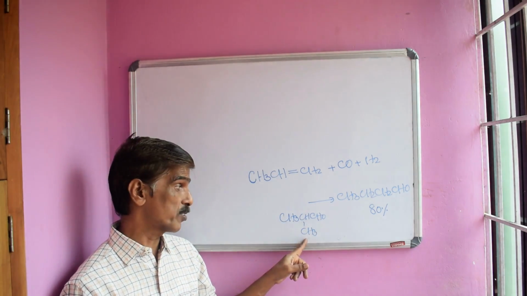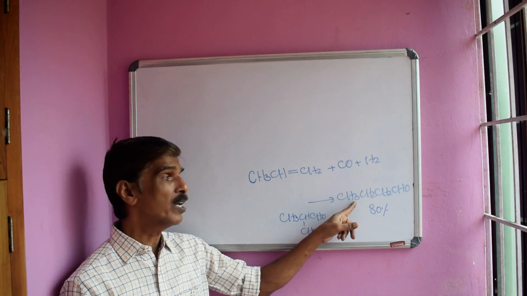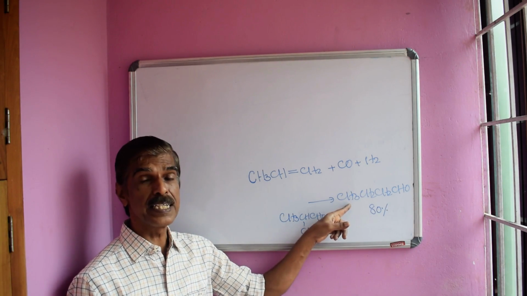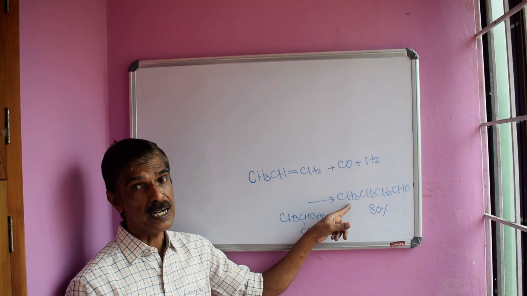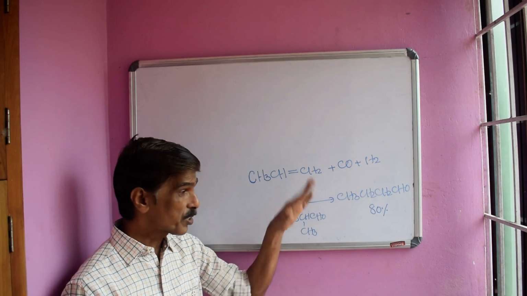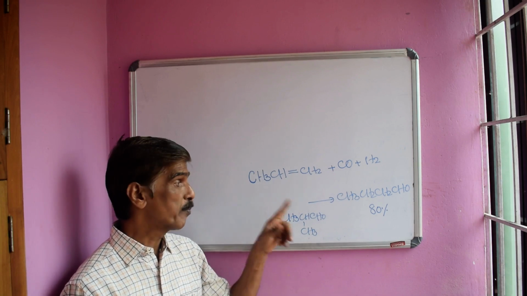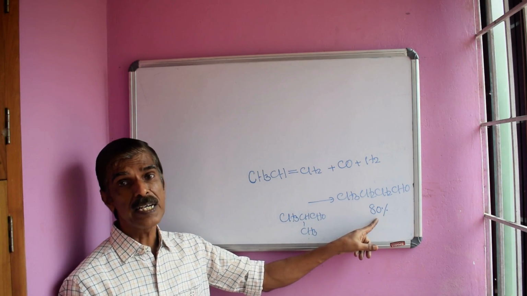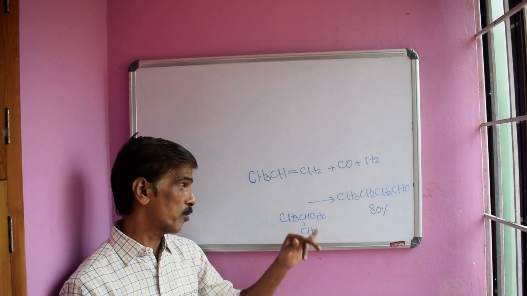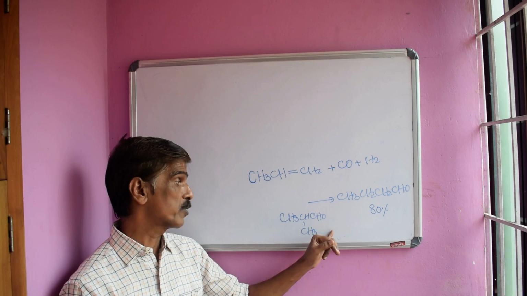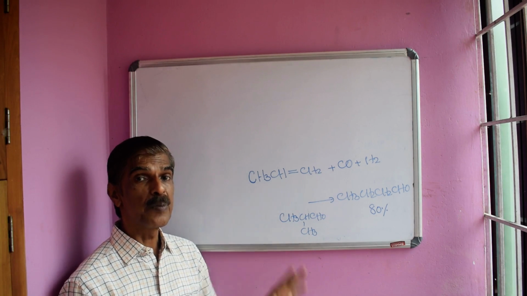So from this you will get isobutanol, and if you want to get n-butanol, you will have to have the straight chain aldehyde, that is butanal. But the use of the cobalt based catalyst makes only 80% of the straight chain isomer, and the remaining 20% being mainly the branched chain isomer.